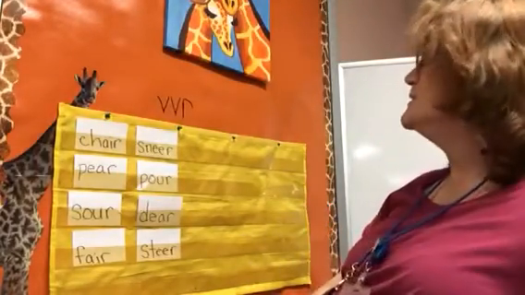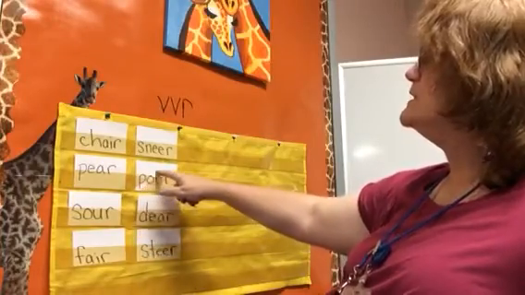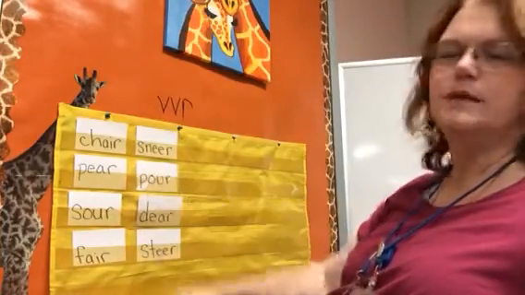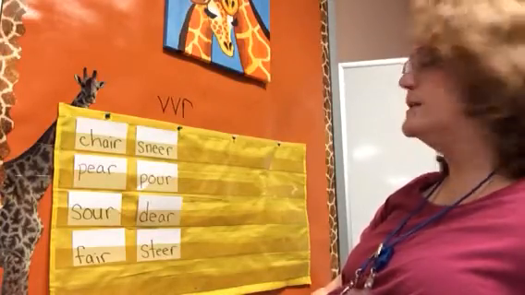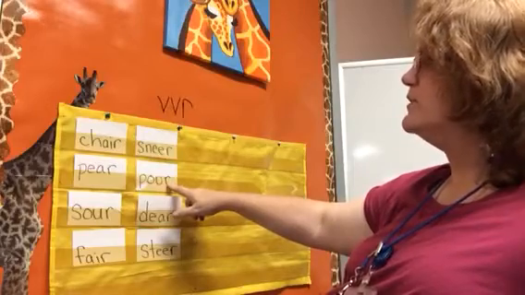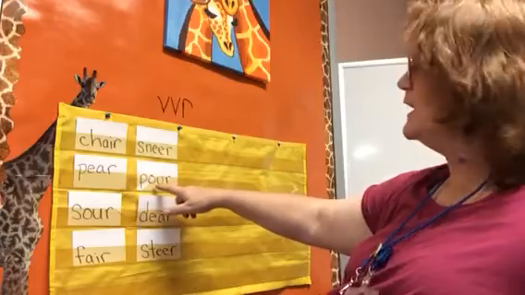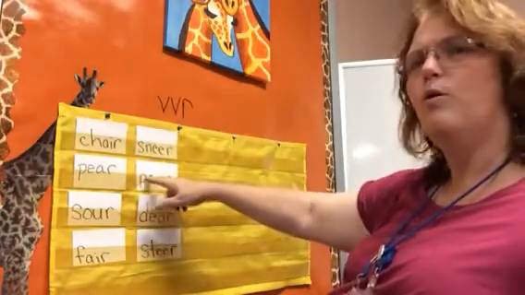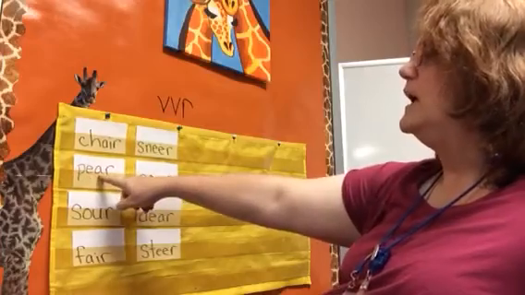And if you notice, this OU usually says ow, right? Sometimes it says ooh, and sometimes it says oh. It's really crazy. But when you put an R with it, it makes it a different sound. Pour. It makes more like OR, right? Or, pour. And that's the same for EA.